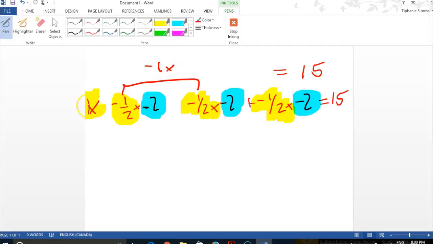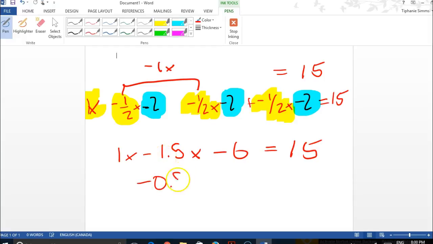So really what I have here is 1x minus 1.5x, because I have 3 halves. So 1x minus 1.5x, minus 6 equals 15. When I combine here, I'm going to have minus 0.5x minus 6 equals 15.